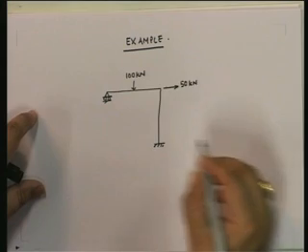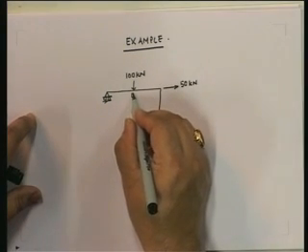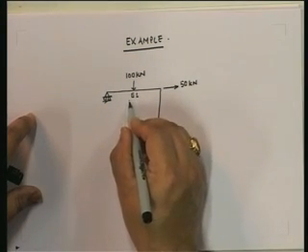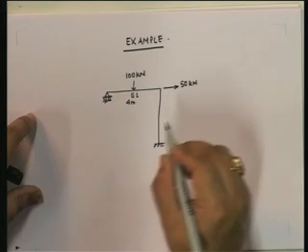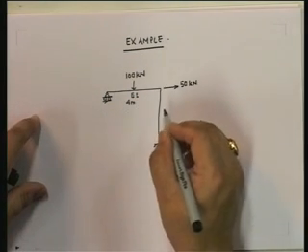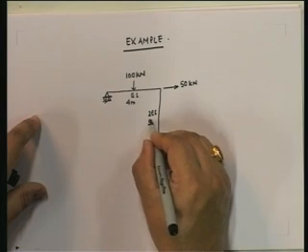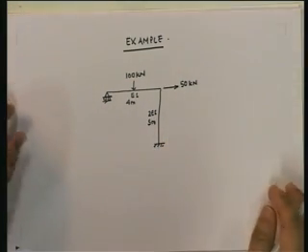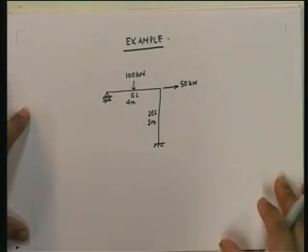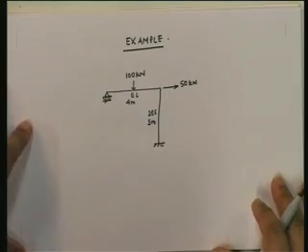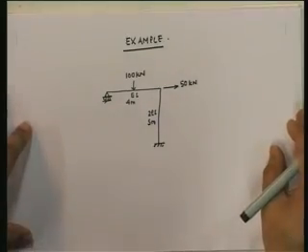So this is the structure. This is EI, 4 meters, and this is 2 EI, 5 meters.